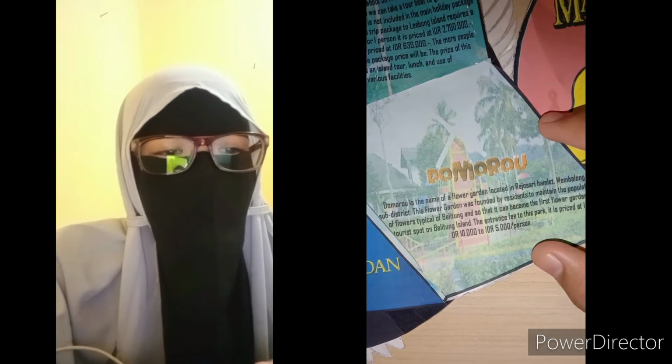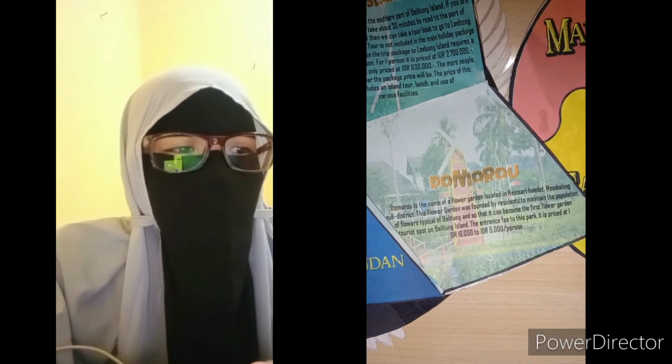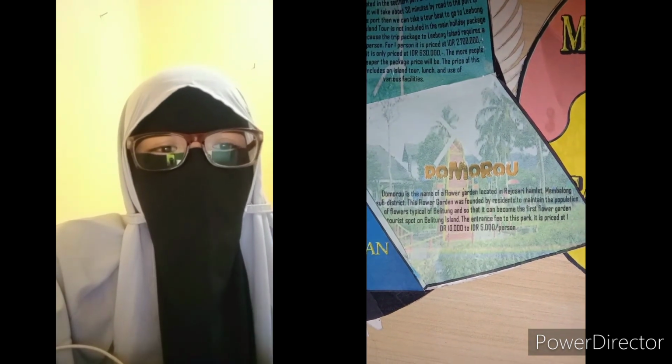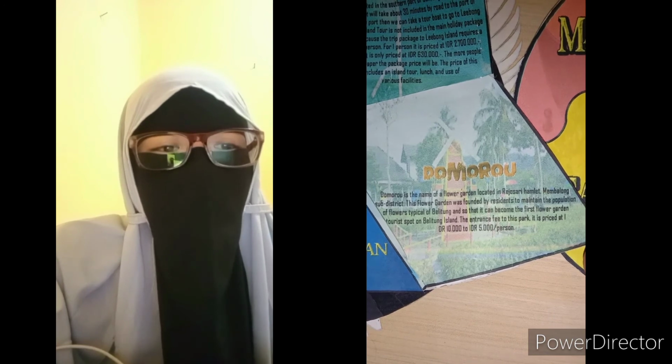Next, Membalong. In Membalong, we can find the place named Dumoro. Dumoro is the name of a flower garden located in Rejosari Hamlet, Membalong Sub-District. This flower garden was formed by local people.